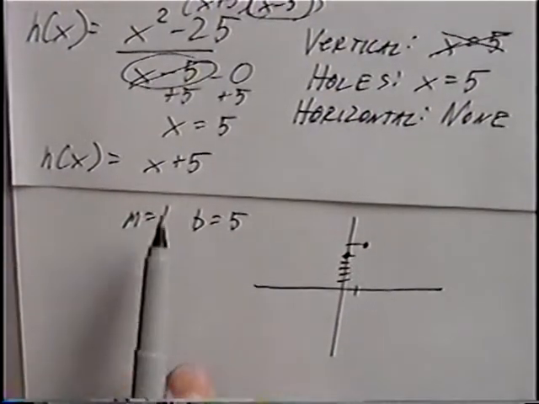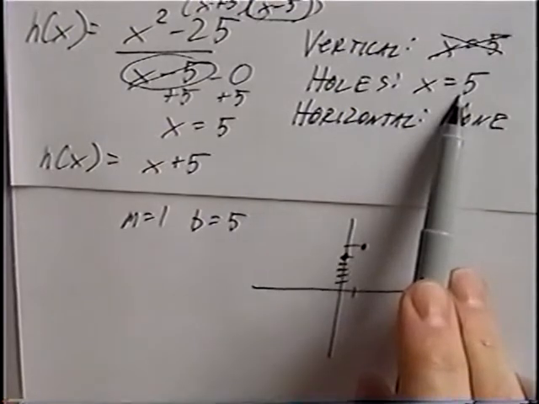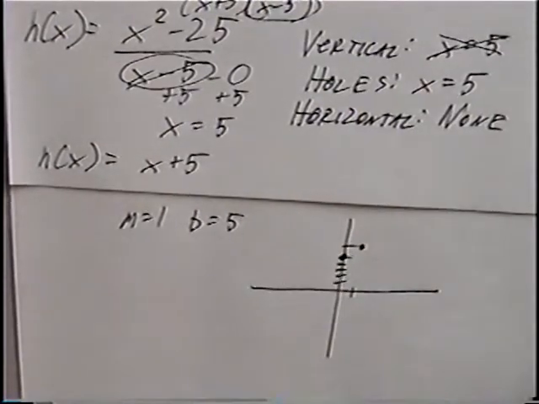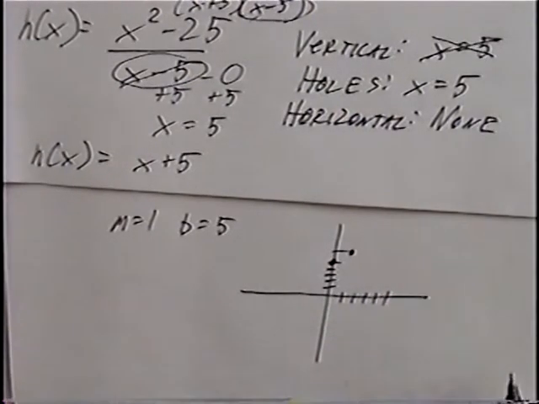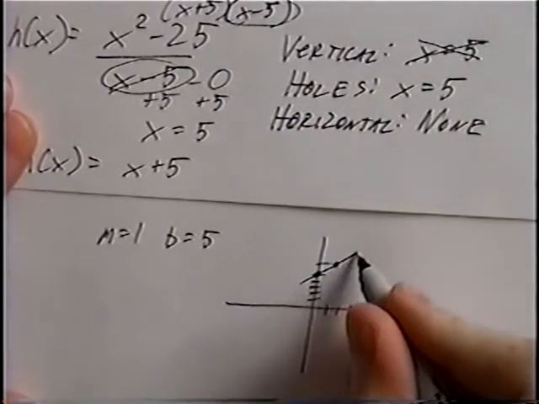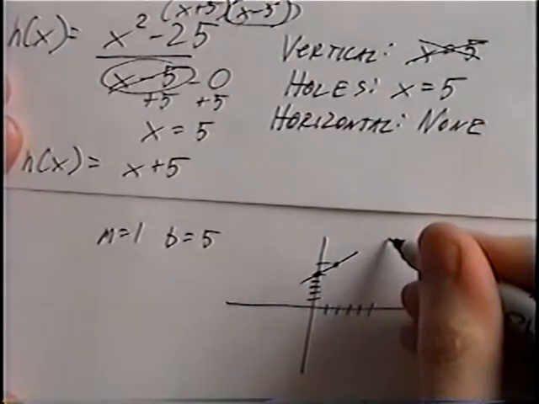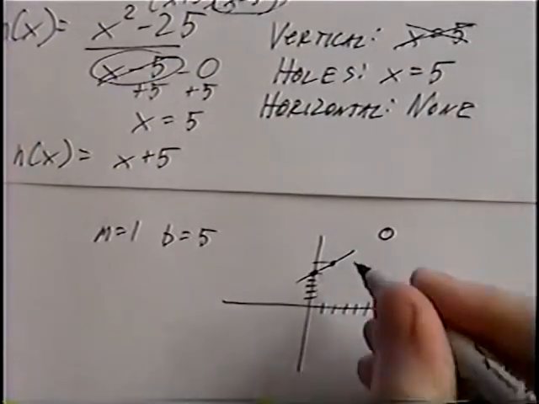The difference on this graph between a normal mx plus b linear line and this graph is there is a hole at x equals 5. What that means is we have to go over to x equals 5. If we start to draw the line, figure out where the line is going to be at x equals 5, we'll put an open spot or an open circle for a hole.